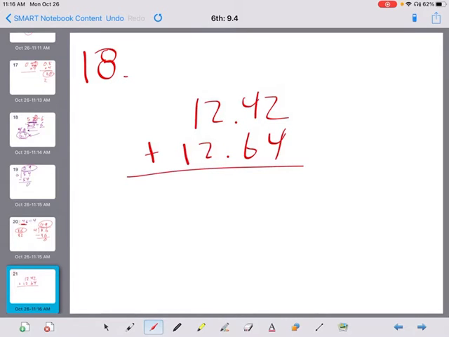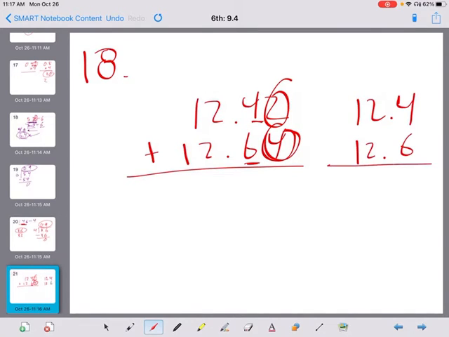So this one, remember, since we're rounding for these ones, we are rounding to the nearest tenth right away. So I look here, and this becomes 12.4 because it rounds down to 12.4. This one becomes 12.6 because it rounds up to 12.6. Add those up. Becomes 25. Boom, done.